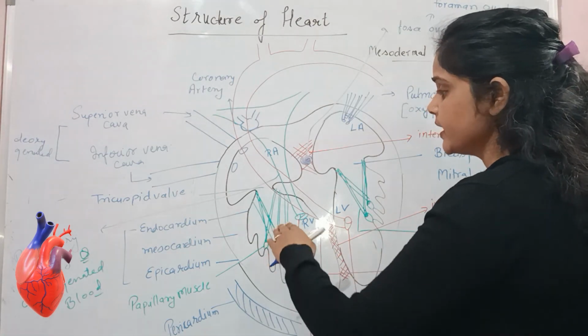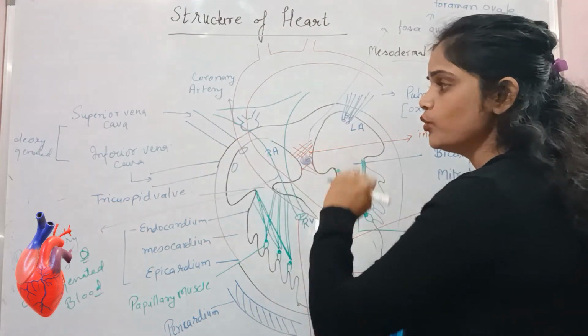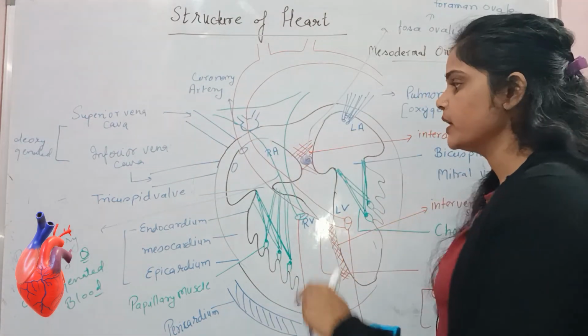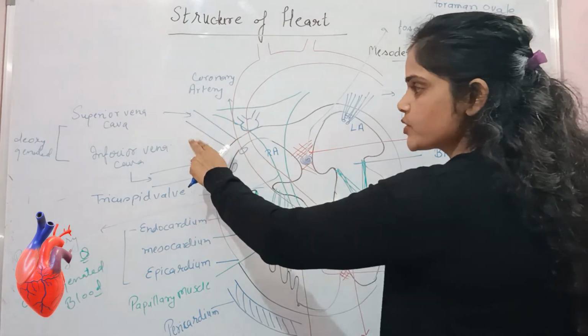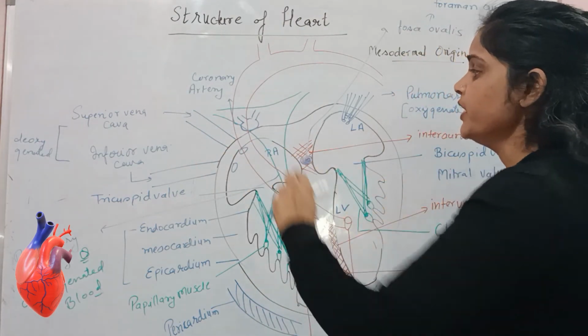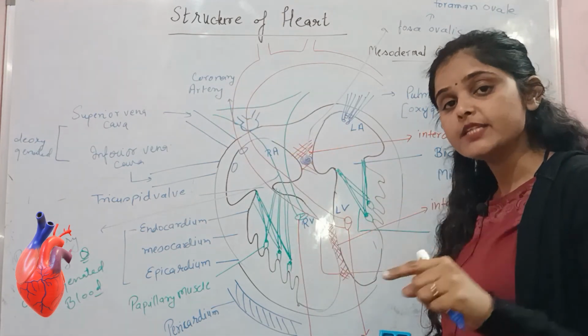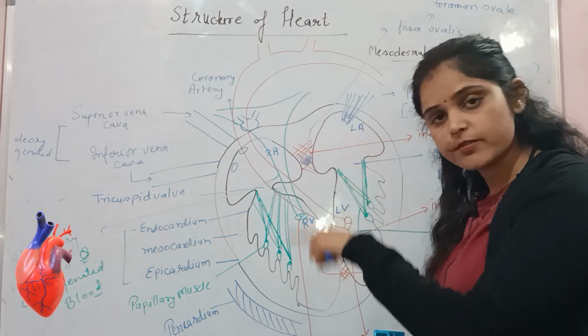And what you are seeing is that in the right atrium there is the presence of 2 veins which bring deoxygenated blood into the right atrium, known as the superior vena cava and inferior vena cava. They are bringing the blood into the right atrium, and the coronary sinus is also present here, which brings blood into the heart from the walls of the heart.